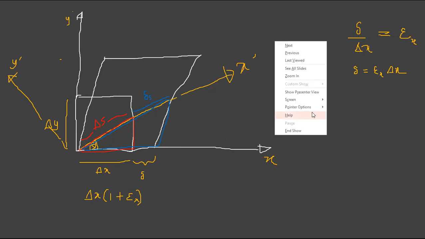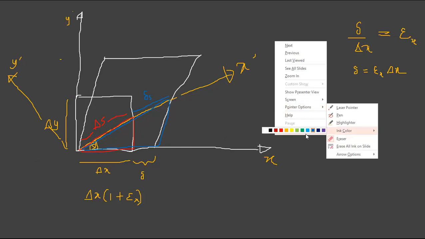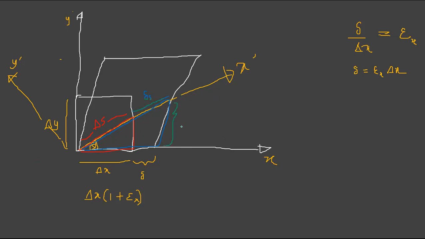So that length change, right? The total length you can write similar to this: delta y, take out 1 plus epsilon y, in the y direction.